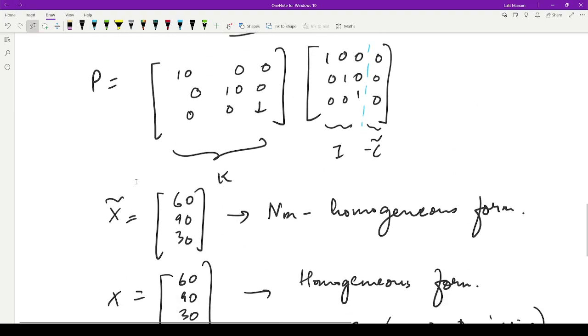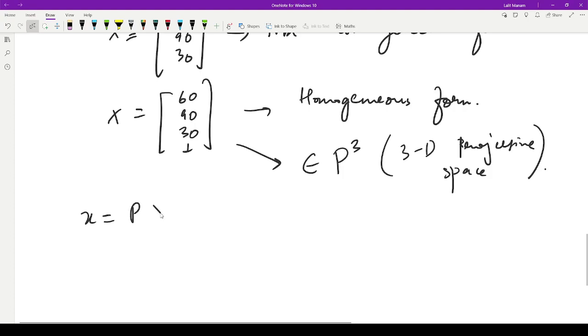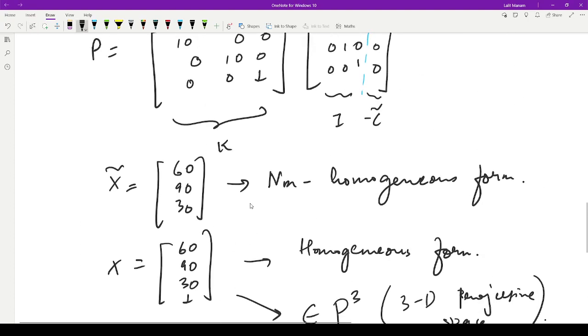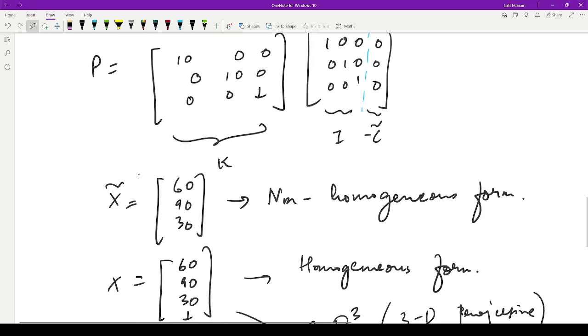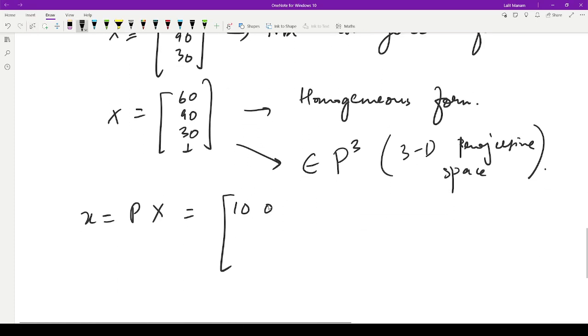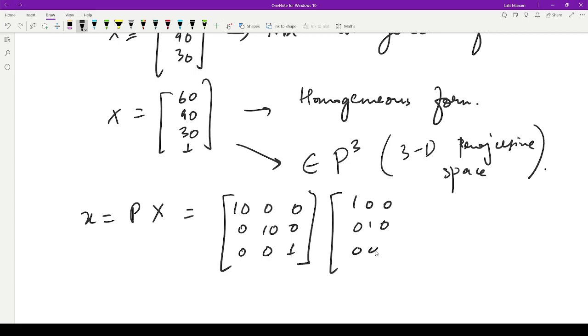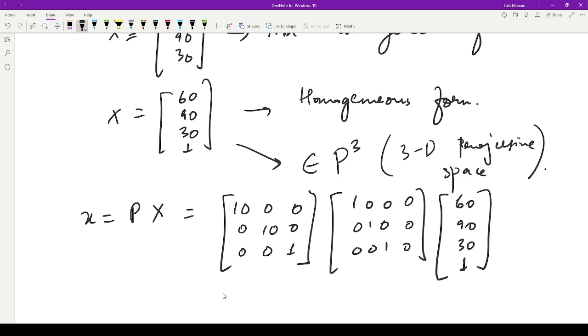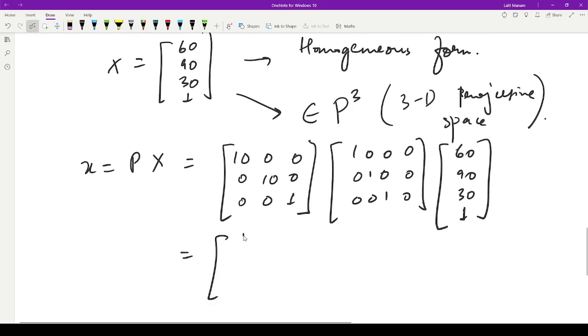Given this, we just need to find x equals PX with the projection matrix that we found: 10, 0, 0, 0, 10, 0, 0, 0, 1. The given point in homogeneous form is 60, 90, 30, 1. So what does this lead to? It gives us 600, 900, 30.